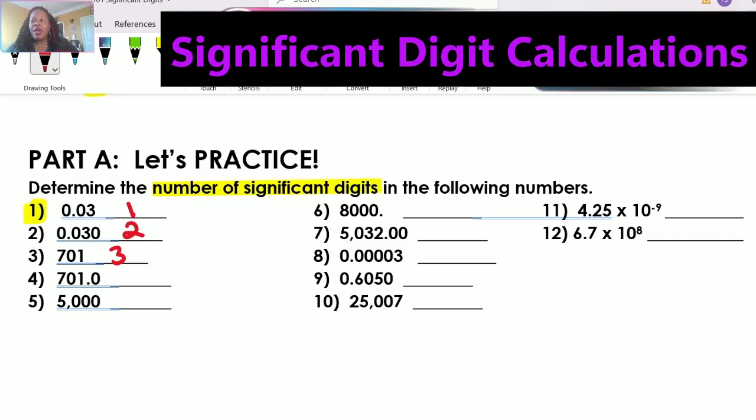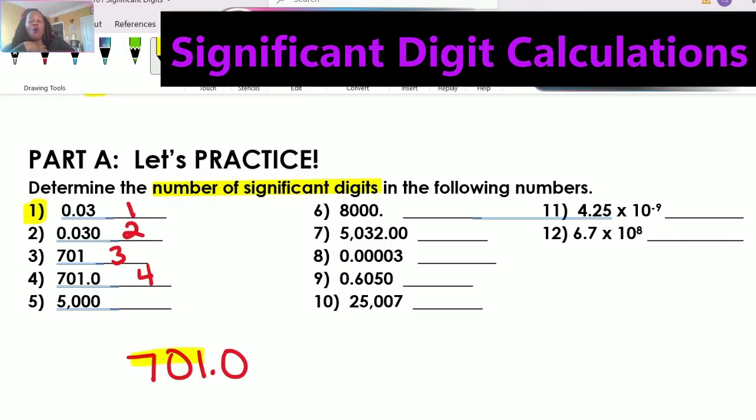701.0. Arlie says 3. Sammy and Lowe and Bailey said 4. Well, the answer is 4. All right, let's talk about this rule here. 701.0. Remember the rule that we talked about before.